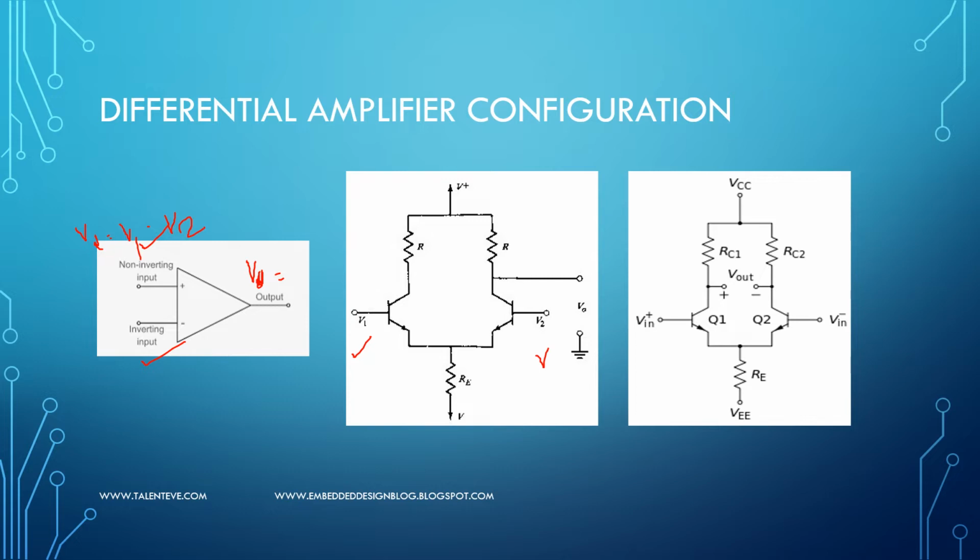In this differential amplifier itself there could be two differences. One is the difference between the two collector terminals of the two sections of the differential amplifier, and then a single-ended output. Generally we see in op amps a single-ended output with a differential input.